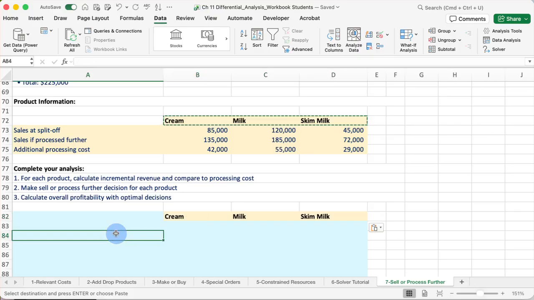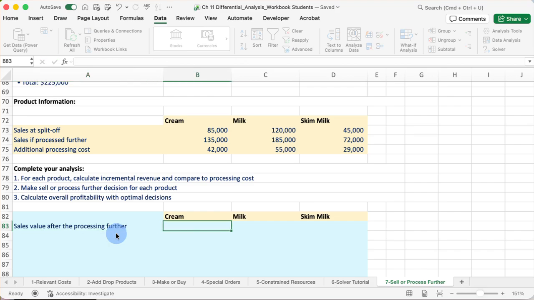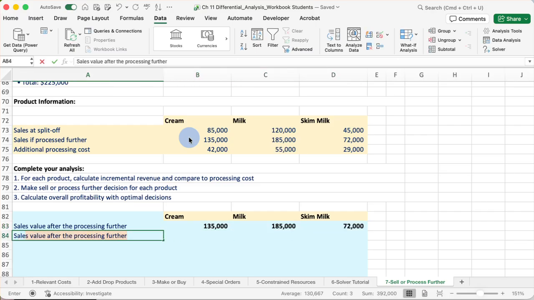And so we are going to look at the sales value after the split off, or after the process. And we'll just pull this information down. So if it's processed further, it's 135, 185, and 72.